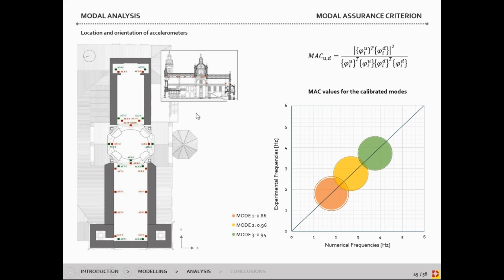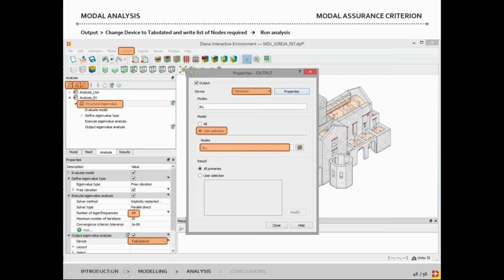So we first have to check which nodes we want to extract information from, and then rerun the eigenvalue analysis, but this time with the tabulated option and the nodes that we want. It will generate a table that we can read, and then we can check the MAC values for the mode shapes.